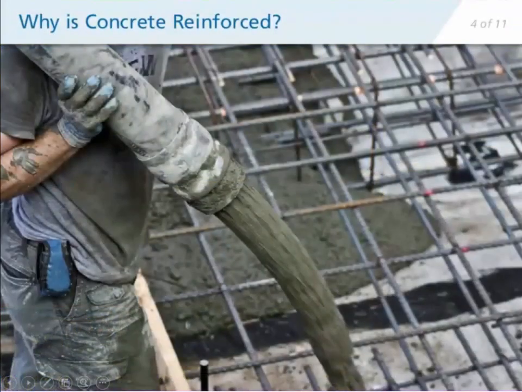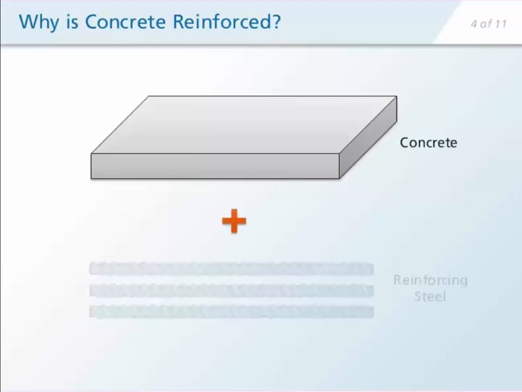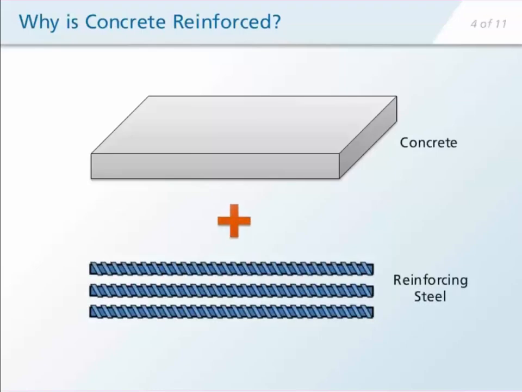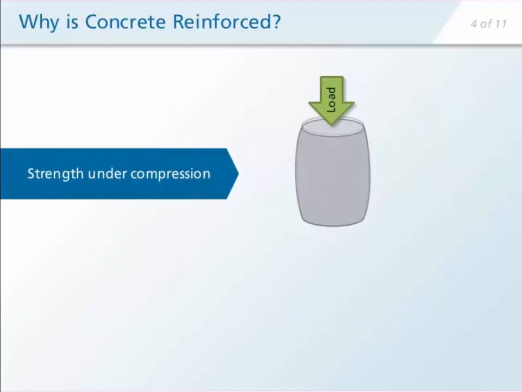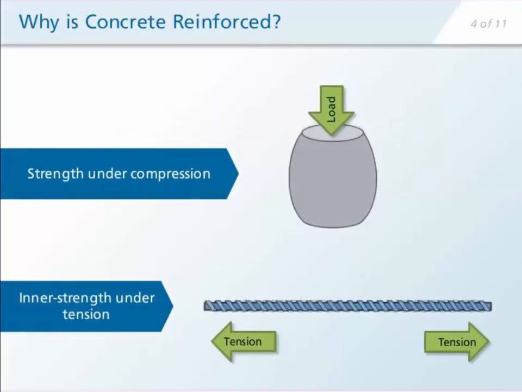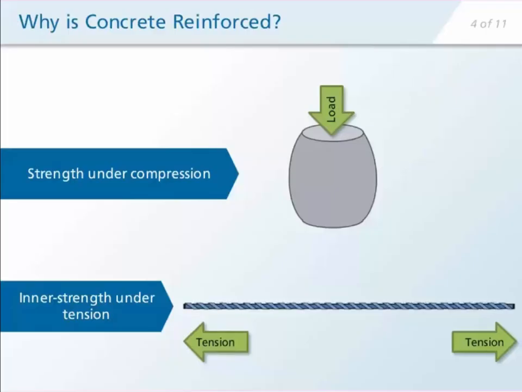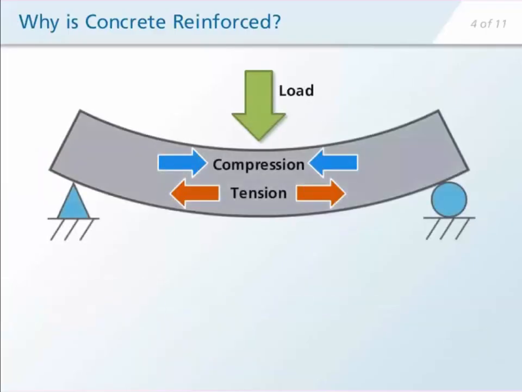Steel reinforced concrete succeeds reliably as a unified system because its material components, concrete and reinforcing steel, work so harmoniously to support each other. Concrete provides strength under compression, while reinforcing steel provides inner strength under tension. Compression and tension are opposing forces, basically push and pull.